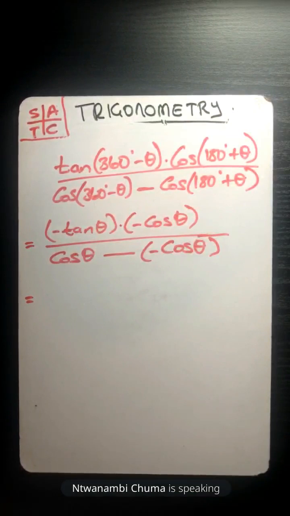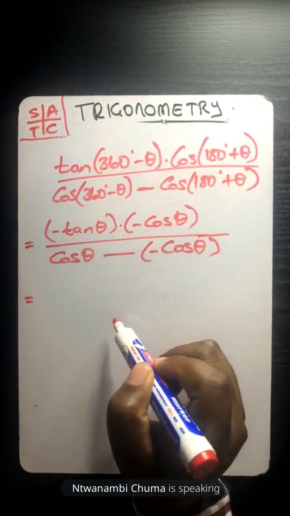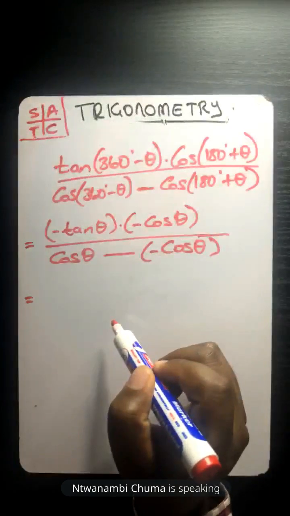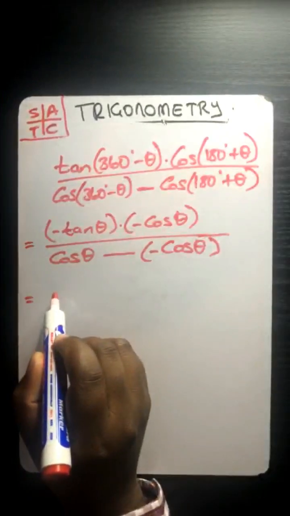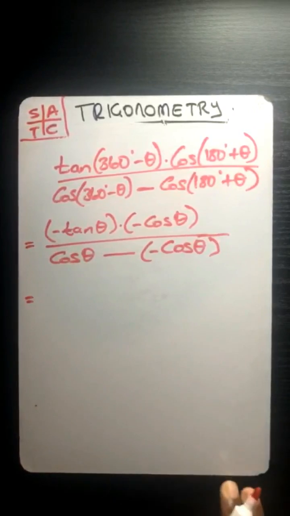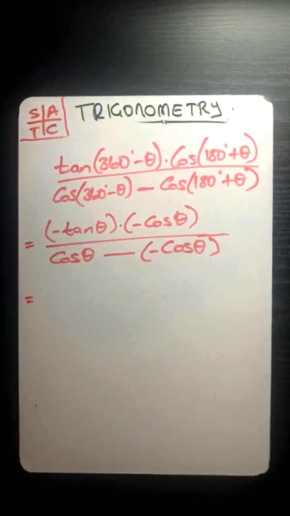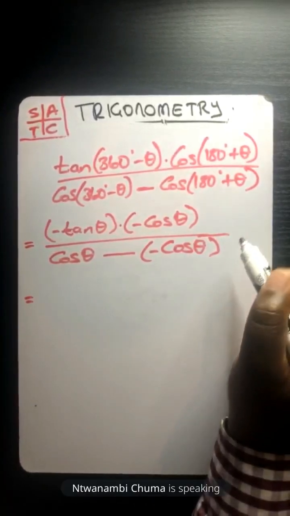Negative tan of theta, we're going to change it to be negative sine of theta over cos of theta. Negative. Okay. Then, Chumi, let me give you some advice to remove the confusion.